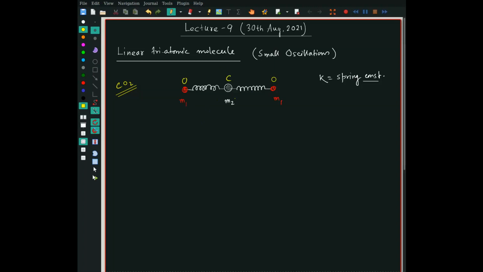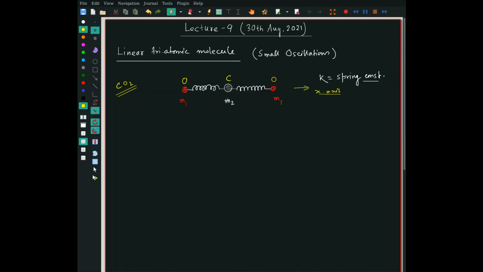Now, suppose this is the equilibrium position of the molecule, and when this molecule oscillates, this is the molecule in one dimension, and this is your x-axis.